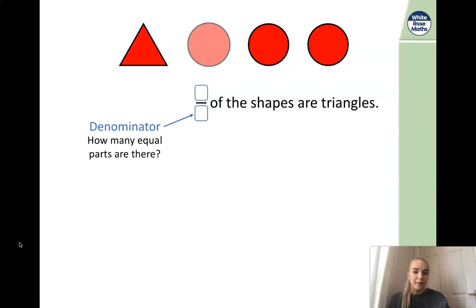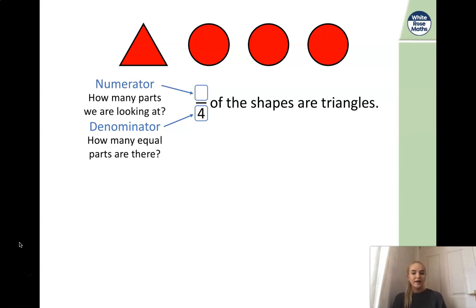We're going to go back to the denominator. So my denominator, I can see, I have just counted, I have got 4 equal parts. Now going to my top number, this is called my numerator. My numerator is how many parts we are looking at.